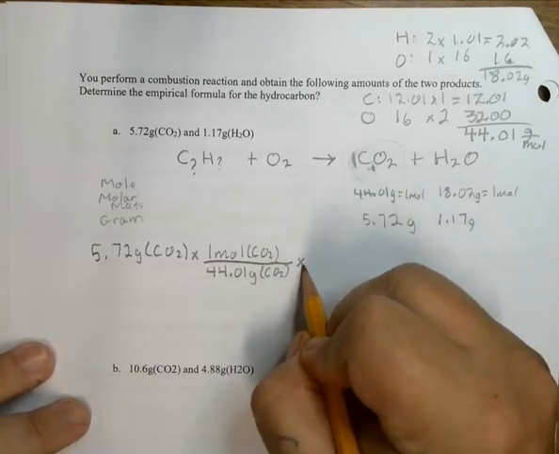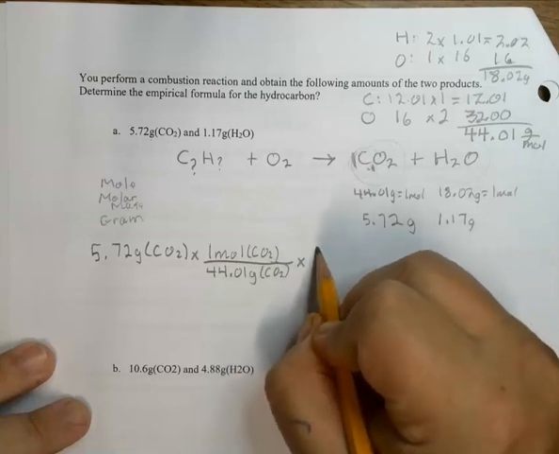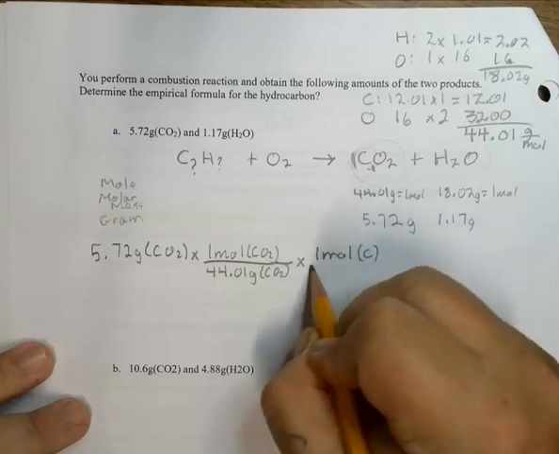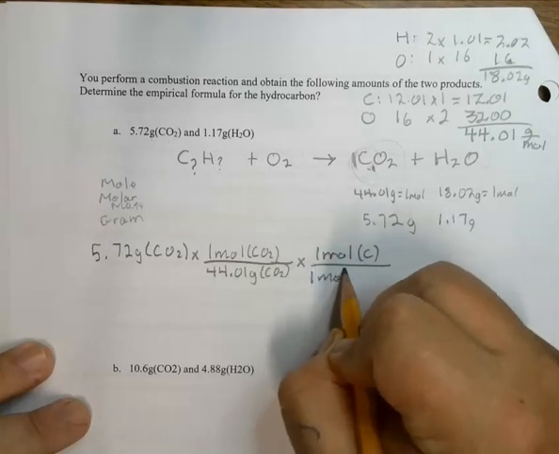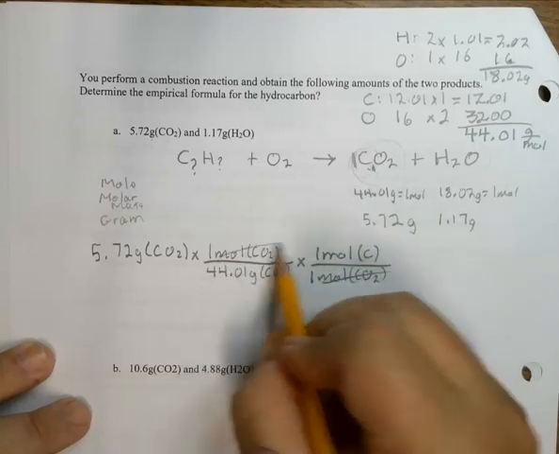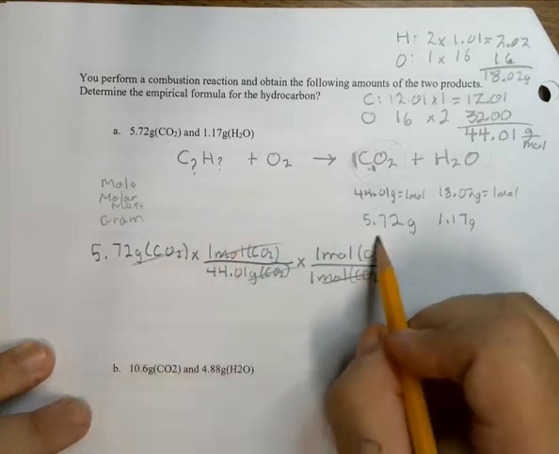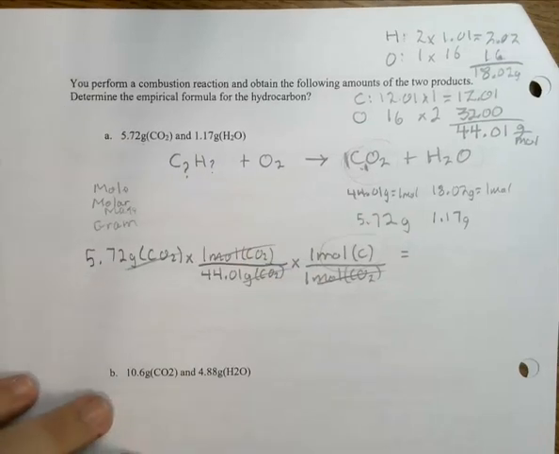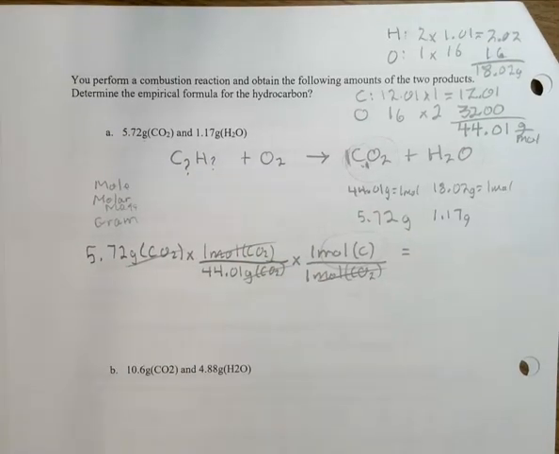That means you want to end up with moles of carbon on the top as your last man standing, and 1 mole of CO2 on the bottom. So moles of CO2, grams of CO2, grams of CO2. There we go. We end up with a lot of 1s, but it's 5.72 divided by 44.01.